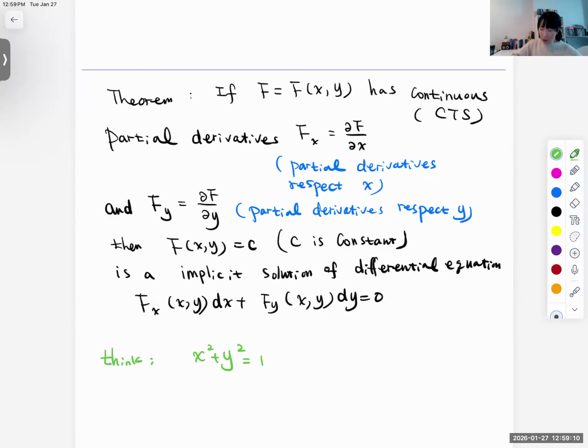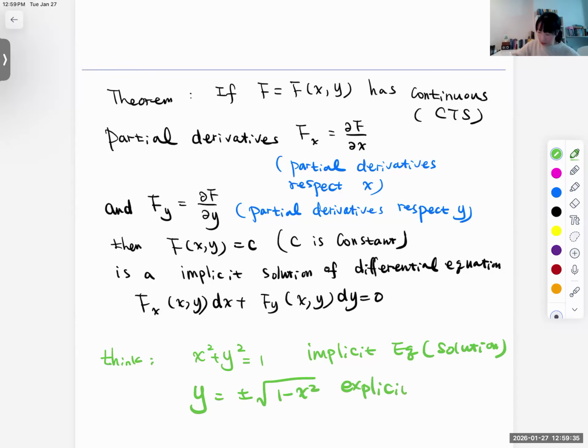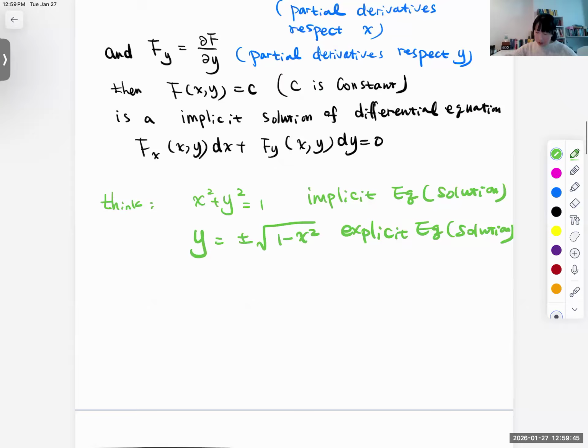This is an implicit solution. Then we can express this explicitly: y equals plus or minus the square root of 1 minus x squared. This is the explicit solution. We did that before.